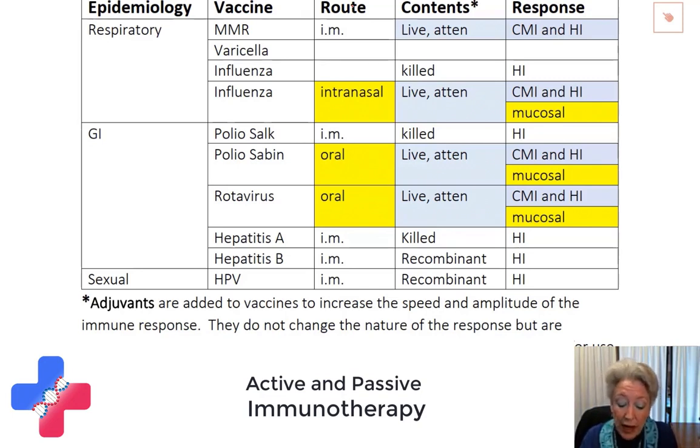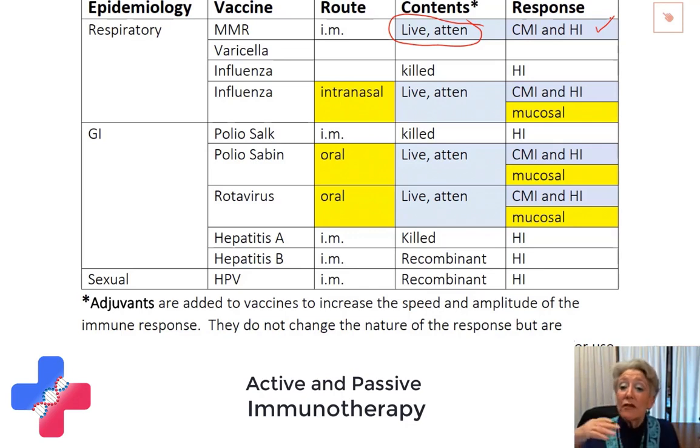Now, of those that are live and attenuated, notice they create both cell-mediated and humoral immunity. Because they are a living creature, they are going to be regarded as a living creature undergoing a normal life cycle, stimulating cells by binding through TLRs 3, 7, 8, and 9, eliciting interferon gamma, which signals to the APC that it should become a classically activated APC and make interleukin 12, which will then stimulate the T helper 1.